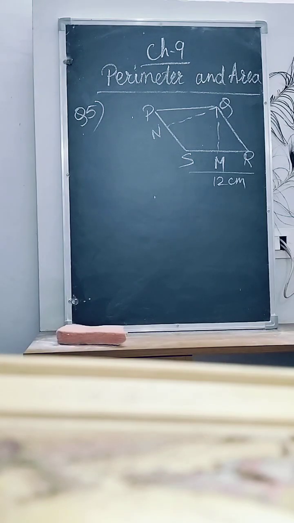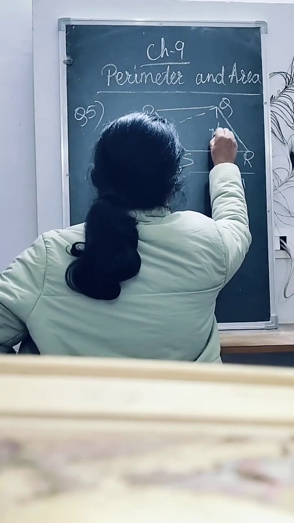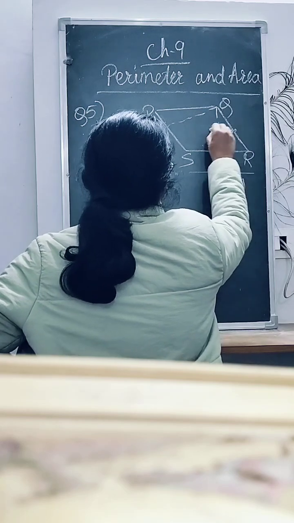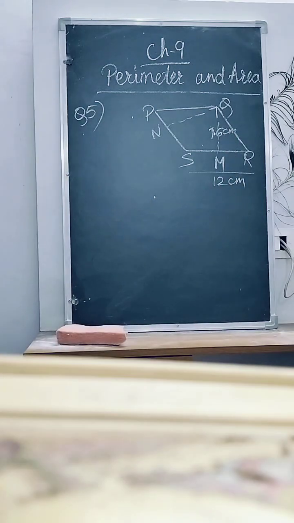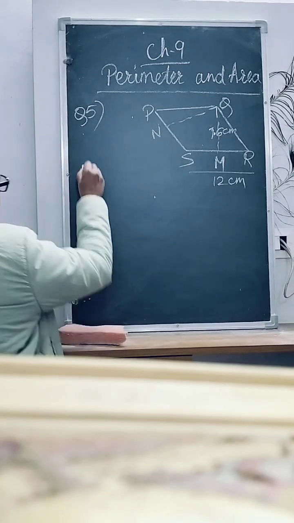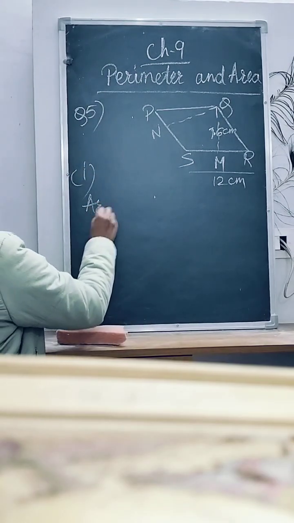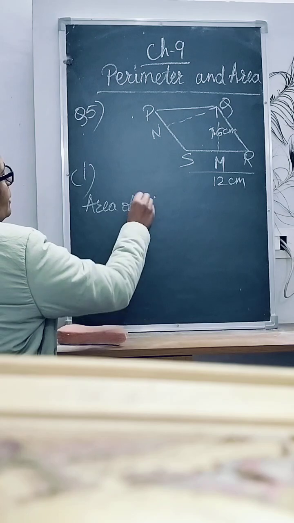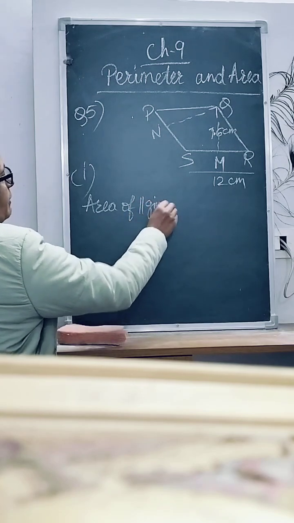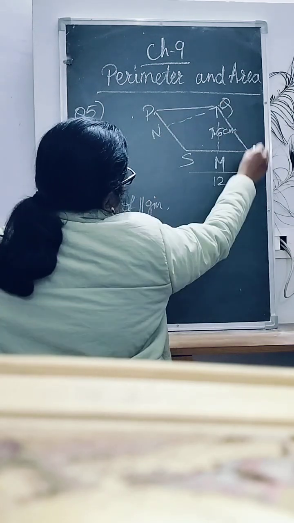And QM is 7.6 centimeter. This is given. What they have told us to find is, first of all, the area of parallelogram PQRS, and then QN. So first of all let us find the area of the parallelogram. The name of the parallelogram is PQRS.